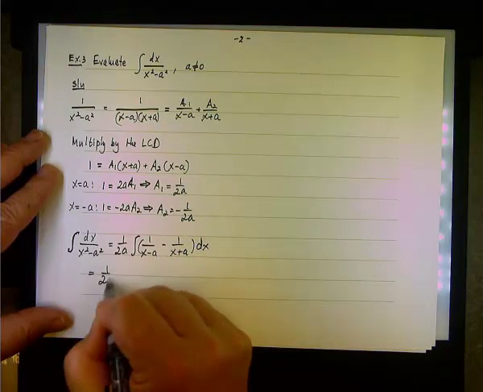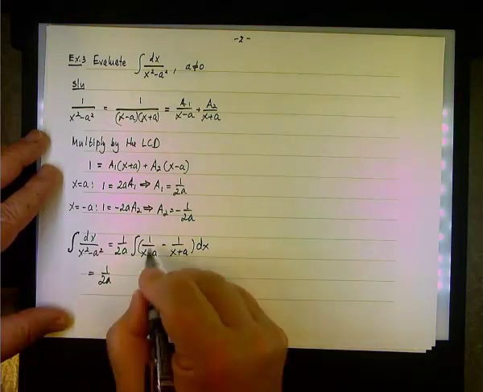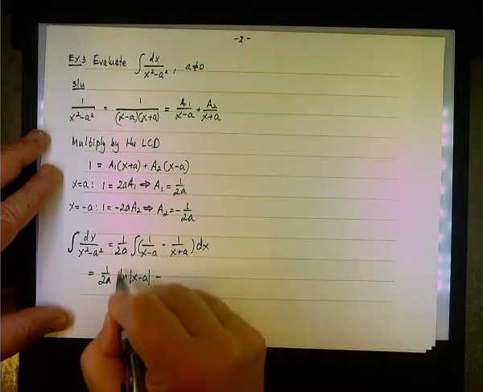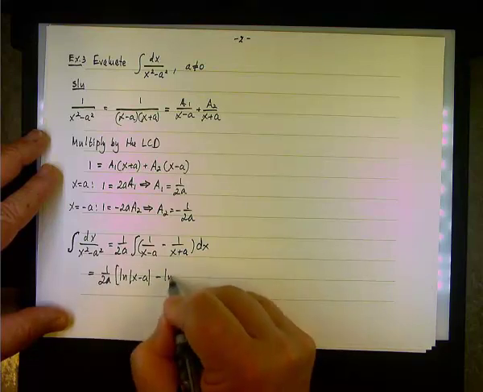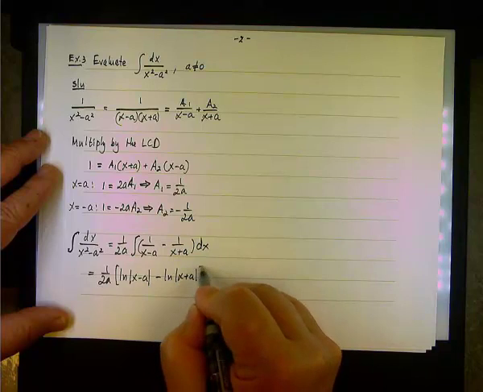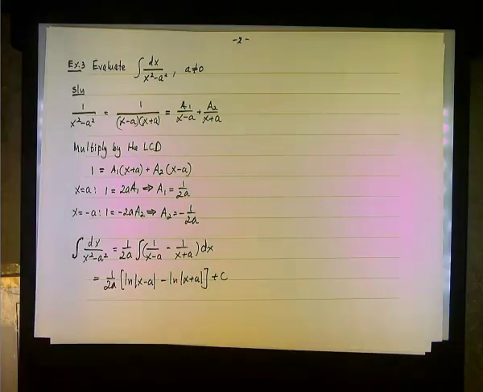So we have 1 over 2a, and here we have the natural log of x minus a minus the natural log of x plus a plus c.